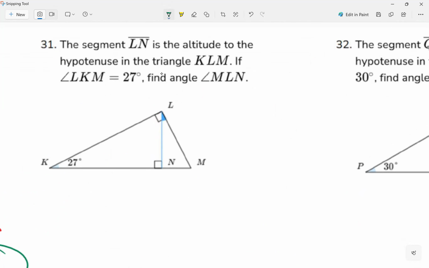The segment LN is the altitude to the hypotenuse of the triangle KLM. If the measurement of angle LKM is 27 degrees, which we see it marked already, find the measurement of the angle MLN. So we want to know this angle. One thing, let me find the three angles on the triangle on the left.